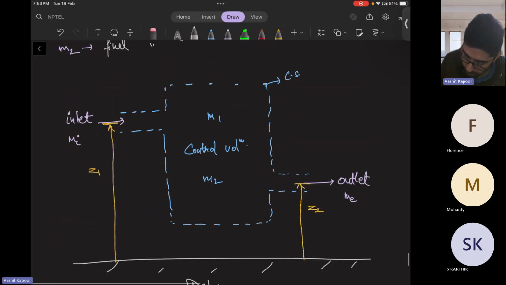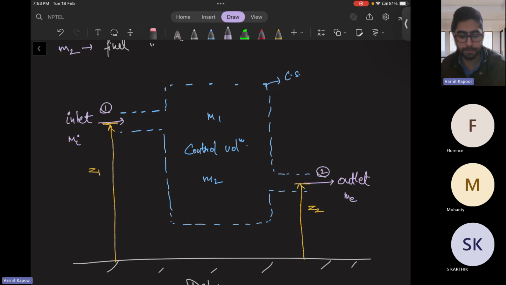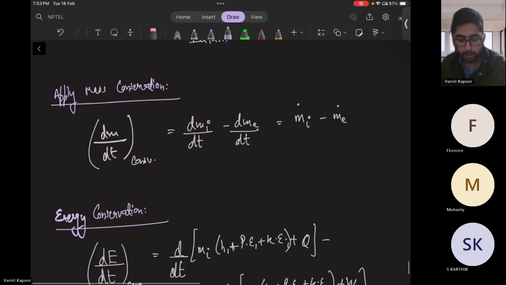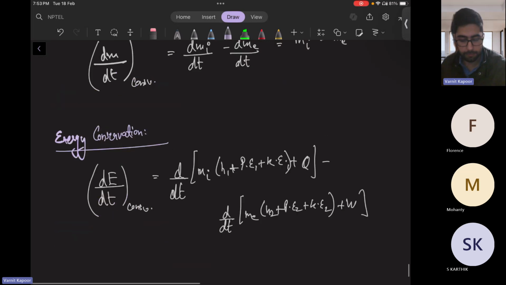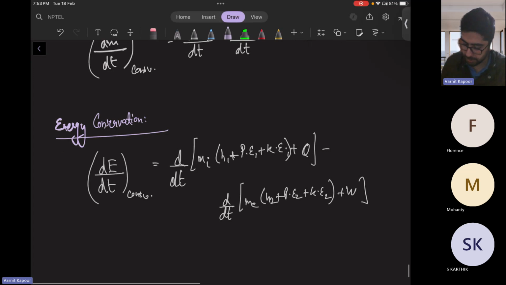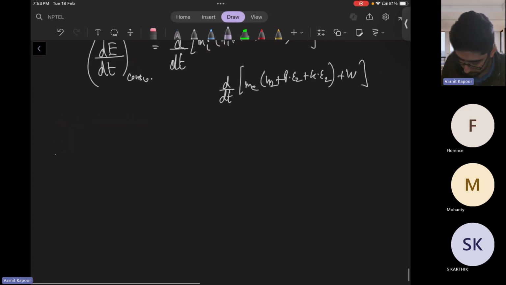So this is state 1, this is state 2. 1 and 2 are the subscripts used. Here mass is multiplied itself at the entry and exit because we are doing a mass balance. Masses are not the same at inlet and outlet, unlike in the steady flow energy equation. This is an unsteady flow energy equation. Now we'll do some assumptions here. Let's take some assumptions.